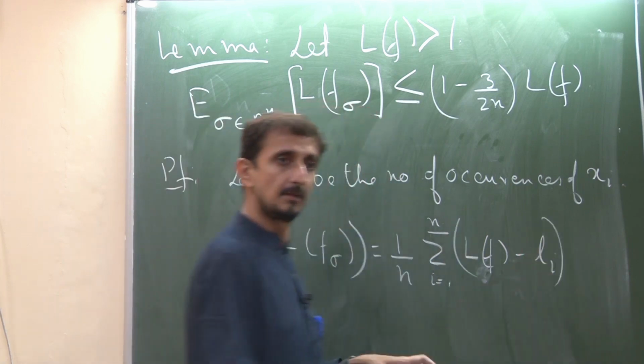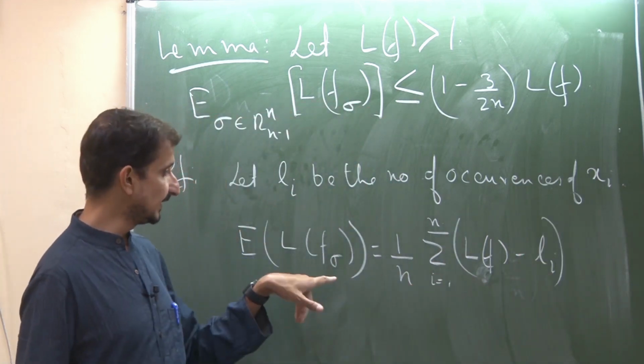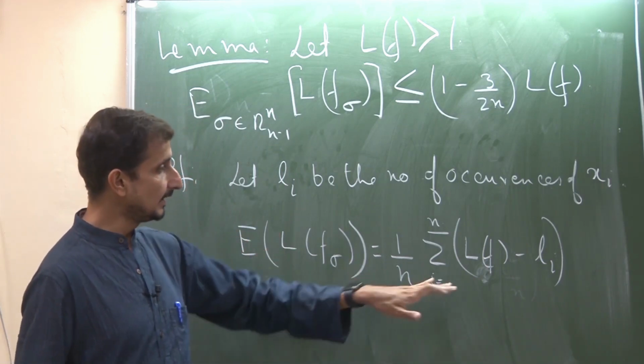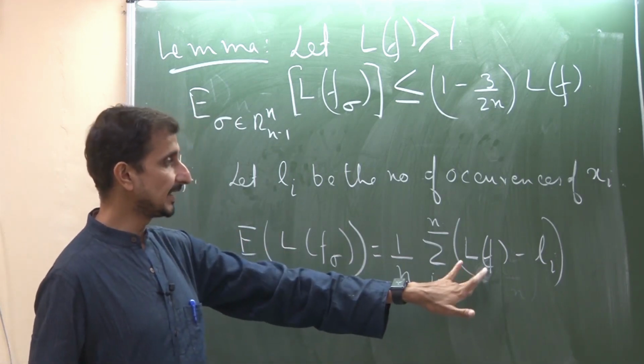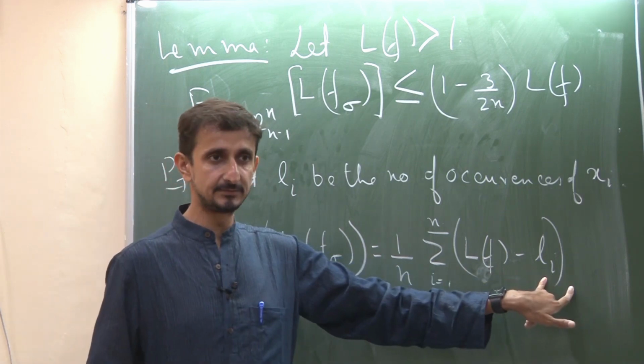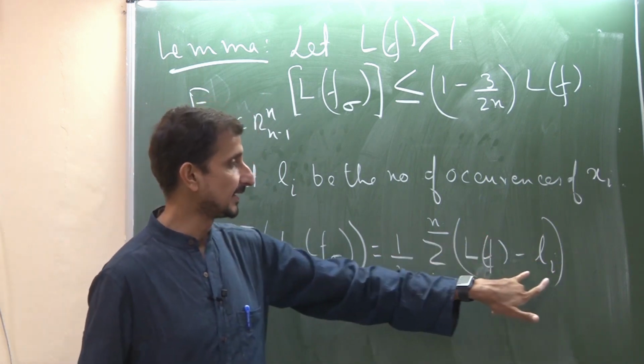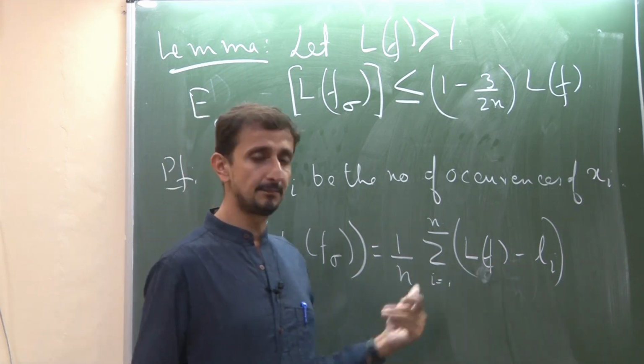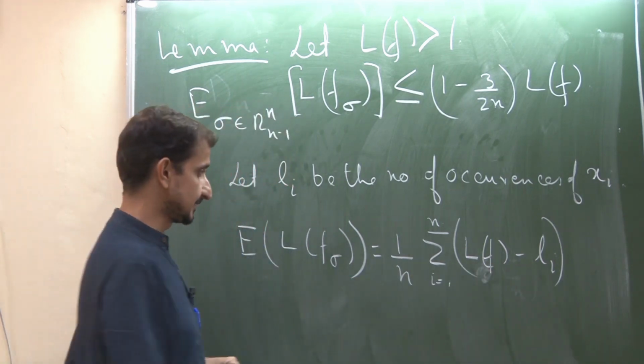Correct? So, essentially what I am doing here is, let us take the first variable. If I fix the first variable x1, then how many leaves will I have? I will have LF minus L1 many leaves. For the second variable, I will have LF minus L2 many leaves, because I am looking at the average. So, I just look at the sum divided by n. So, this is just the average.